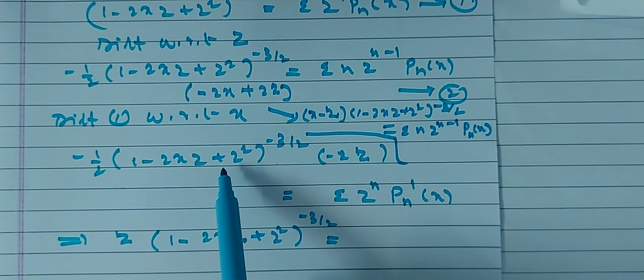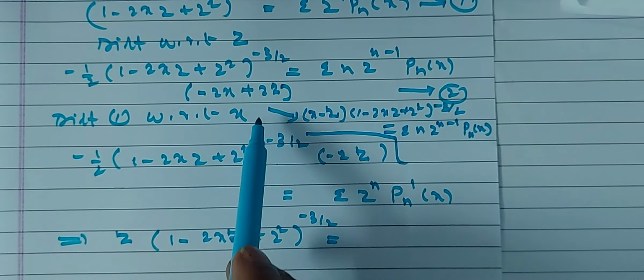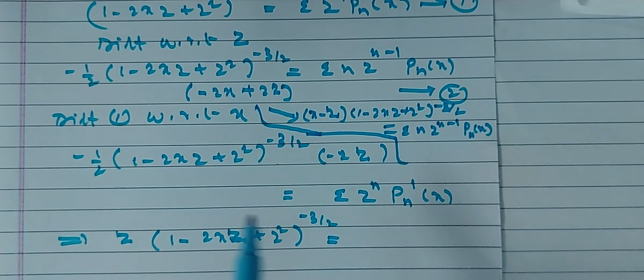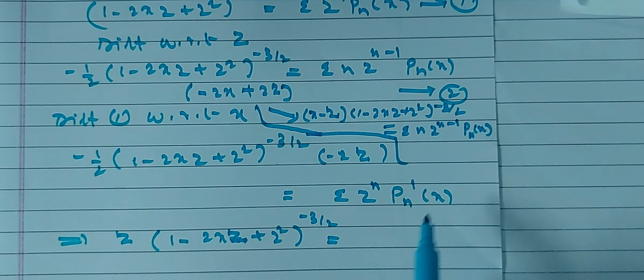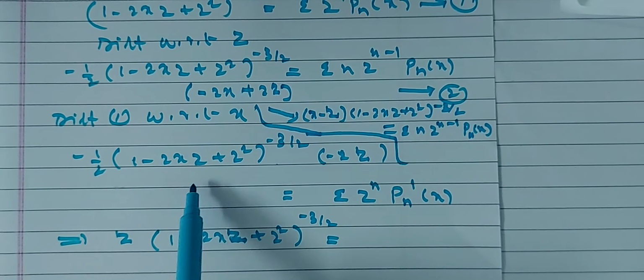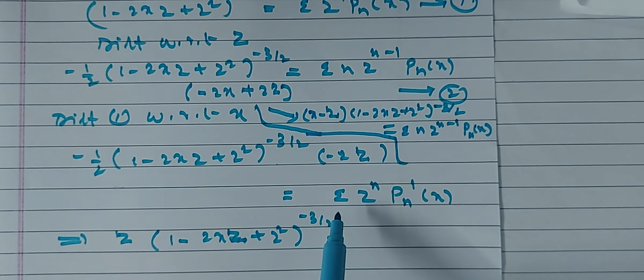So this is 2. Coming to here, differentiate 1 with respect to x. What will it be? Minus 1 by 2 into (1 minus 2xz plus z square), differentiating this step, minus 2z is equal to sigma z power n Pn dash of x.